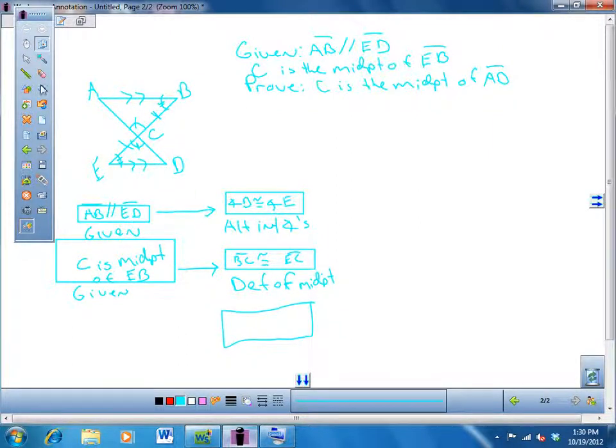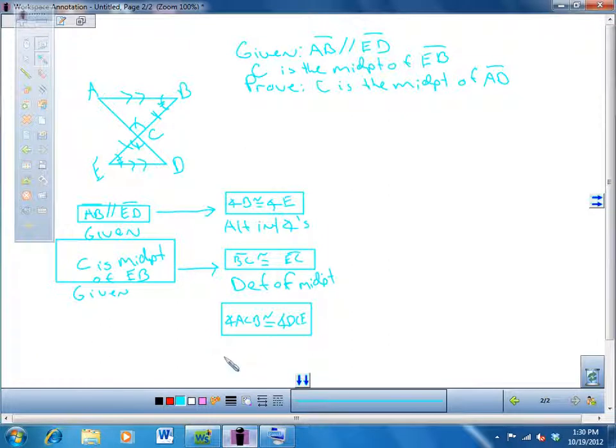And so now I'm going to call that angle ACB is congruent to angle BCE. And those are vertical angles. This is just kind of shorthand for vertical angles are congruent.